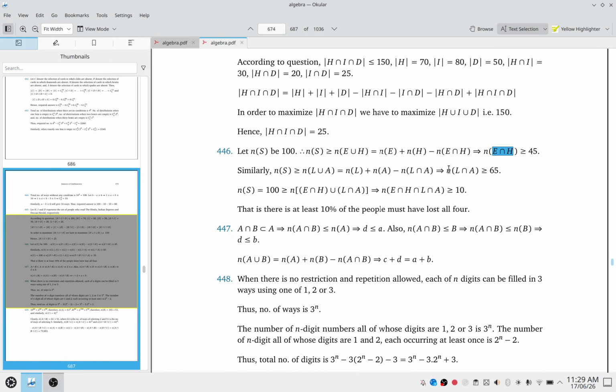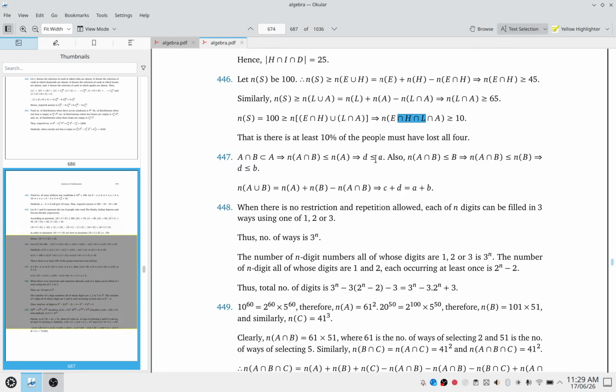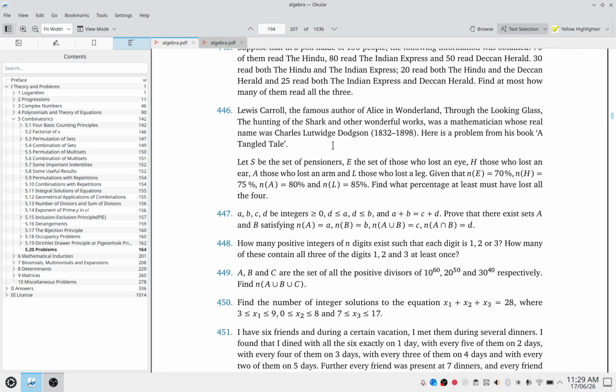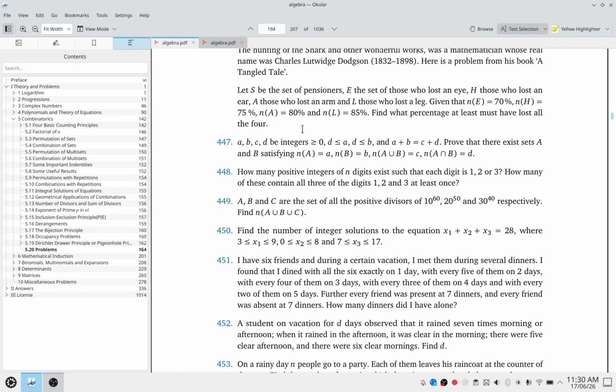And similarly, we find n(L intersection A), that is 65. And then we have n(S) equal to 100 greater than or equal to the union of these two, so the intersection is greater than or equal to 10. Therefore, at least 10% of people must have lost all four. So this is actually again a set theory problem, not a permutation combination problem. But set theory and permutation combination are quite close in relationship.